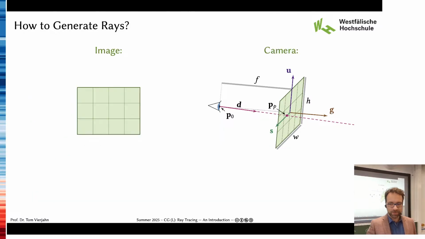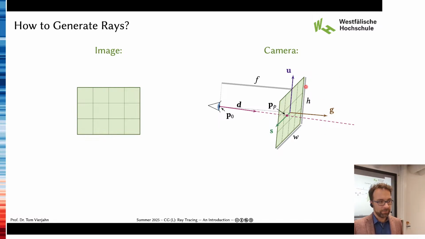And now we're taking the 2D image. Not the image plane in the camera, but the image represented in our computer. If we're looking from the eye in the camera through this pixel, it would be this pixel in the image. What do we know about the image in the computer?